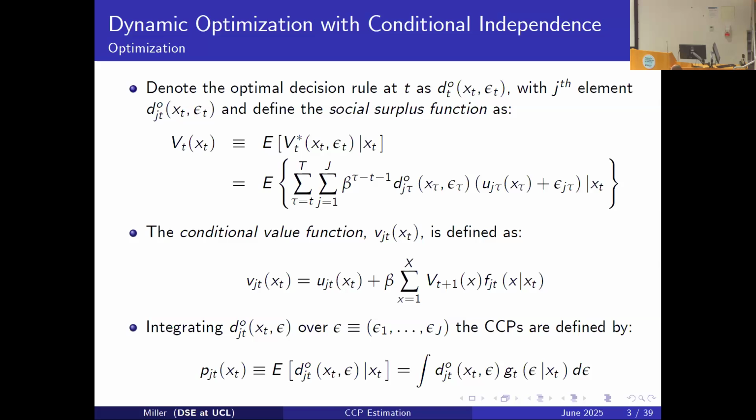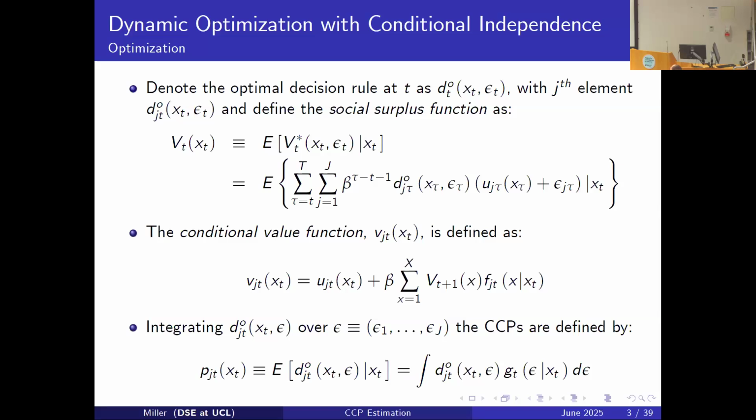So now we'll define this conditional value function, just as we did in the circle model, as the utility that I get from the variables that the econometrician sees, as well as the discounted continuation value associated with the future. And what we're going to be doing is looking at little vj plus little epsilon j and picking that j that is the maximum, okay?